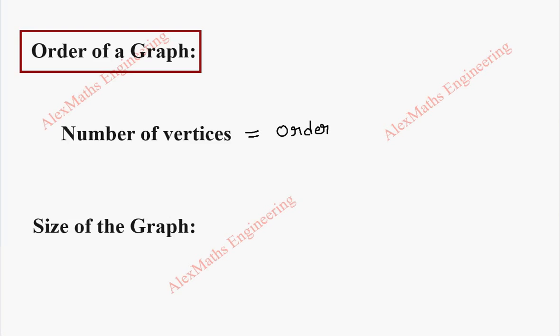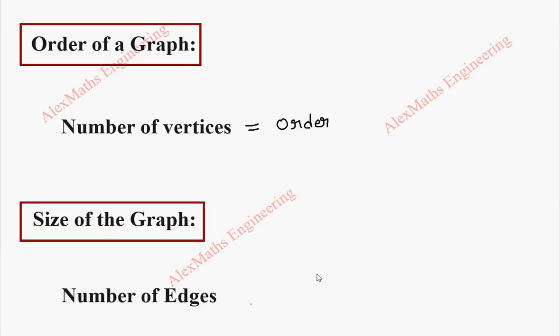The number of vertices is known as the order of the graph. Another term is the size of the graph, which is the number of edges.